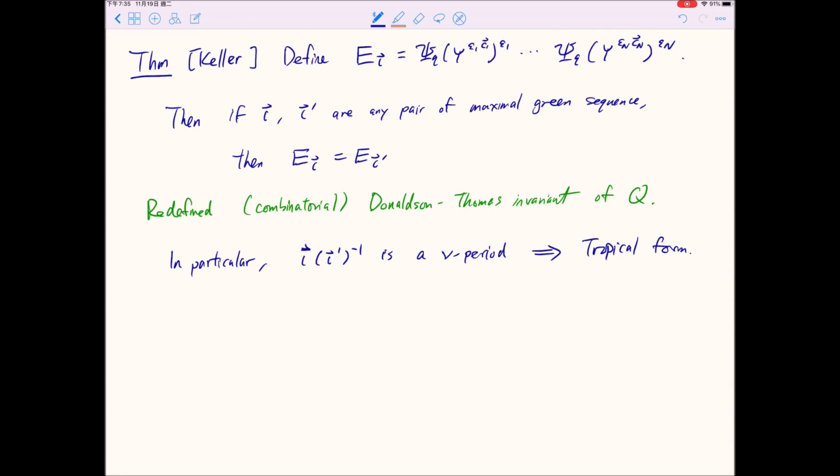Donaldson-Thomas invariant is something useful, introduced by Kontsevich, I think, in algebraic geometry, and this is a kind of combinatorial version of that. You can also see the reference by Keller in his survey for more discussion on this fact.